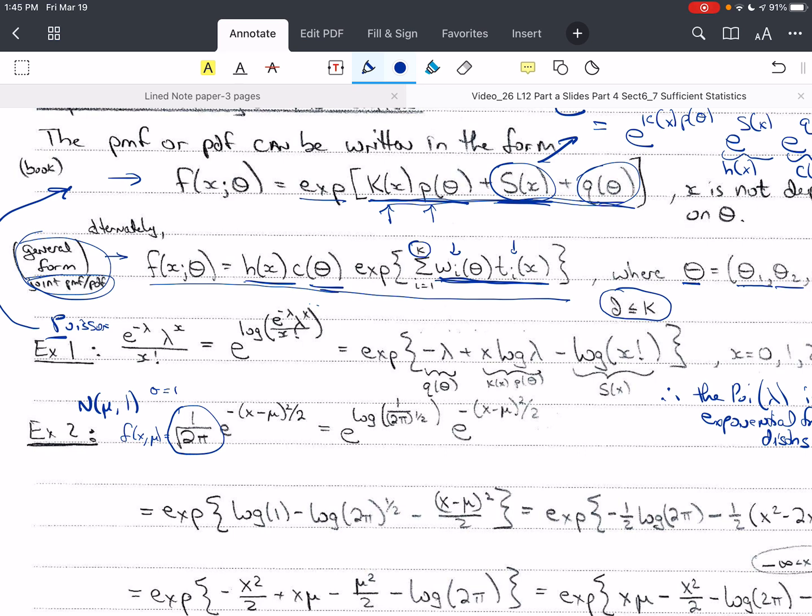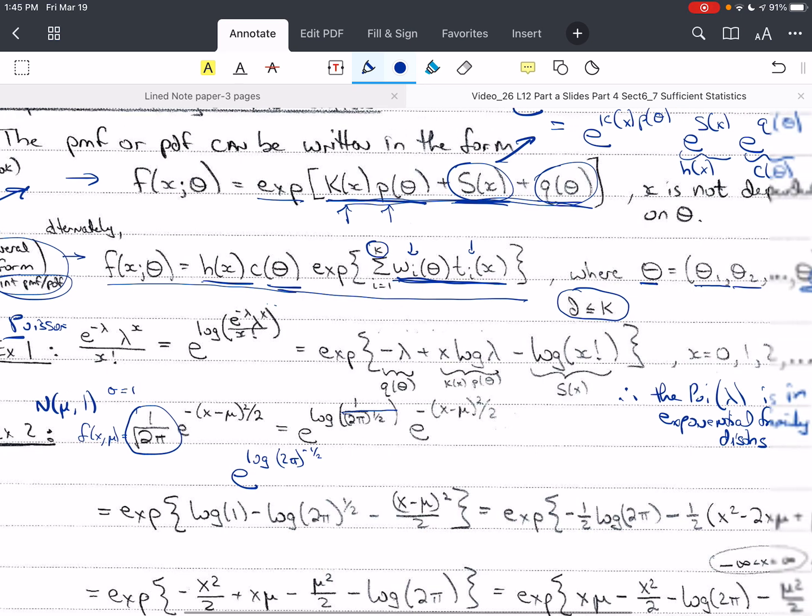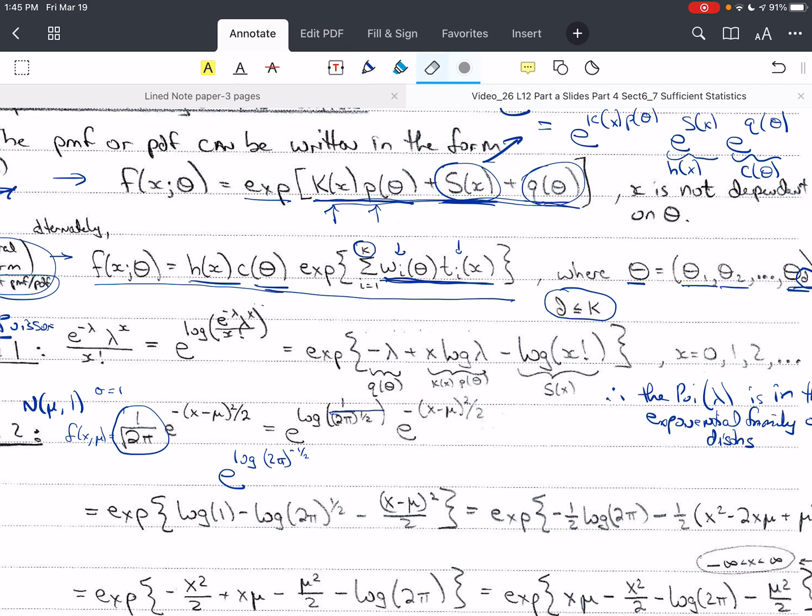And so I can rewrite this as a 1/2 power. So this is e to the log of 2 pi to the negative 1/2. That's another way to write this, okay? And so we've used our technique of e to the log of the constant, and we've changed the square root to a 1/2 there.